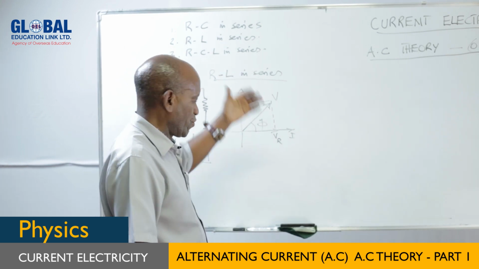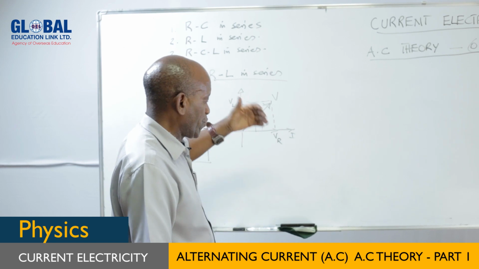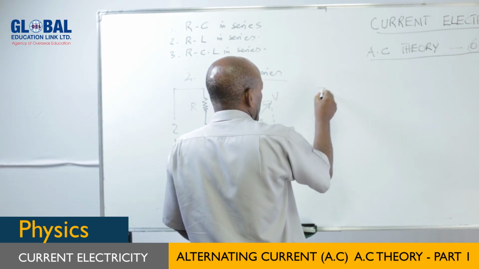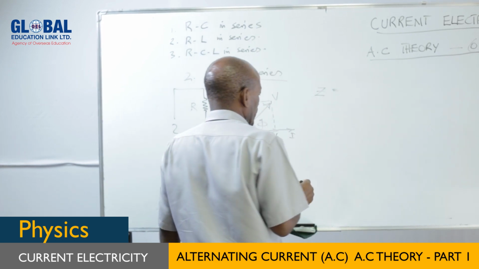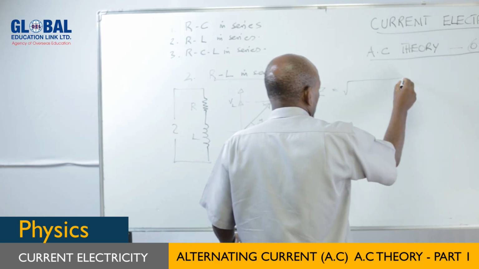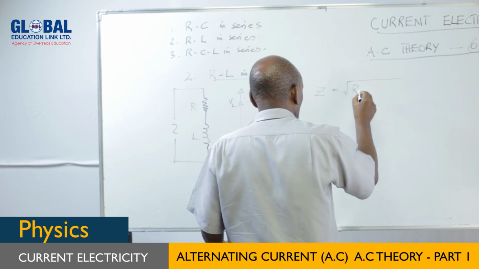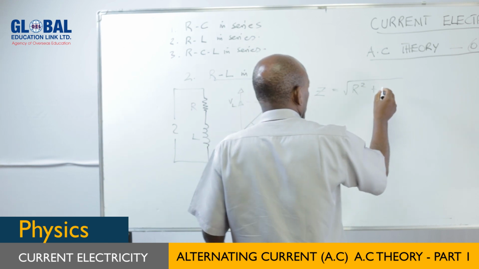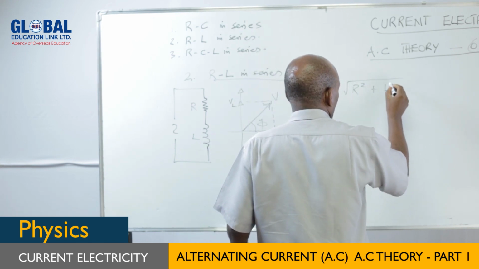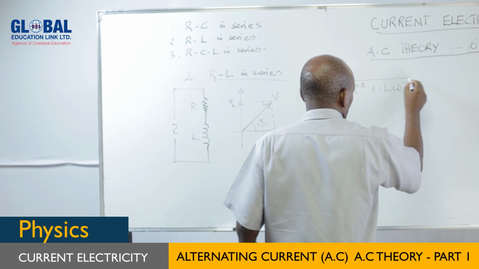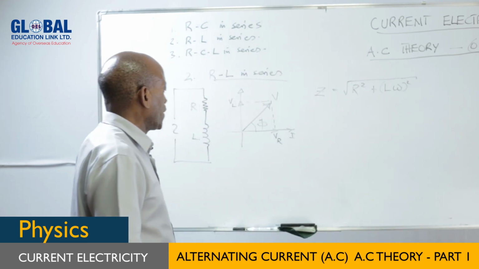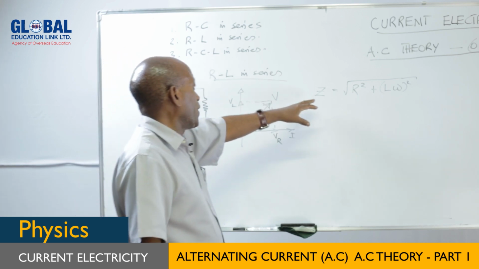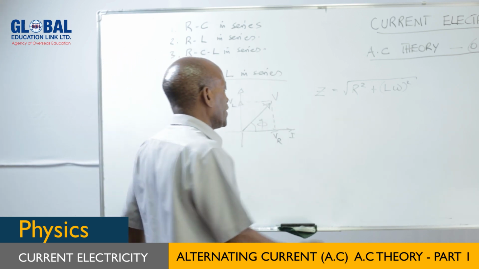So if you go through the same derivation as we did for the first case, you will eventually get the total impedance, which will be equal to the square root of R squared plus L omega squared. This is for the total impedance whenever a resistor and an inductor are connected in series.